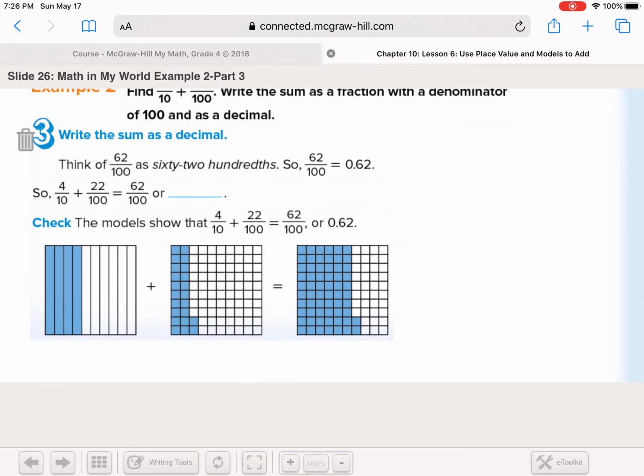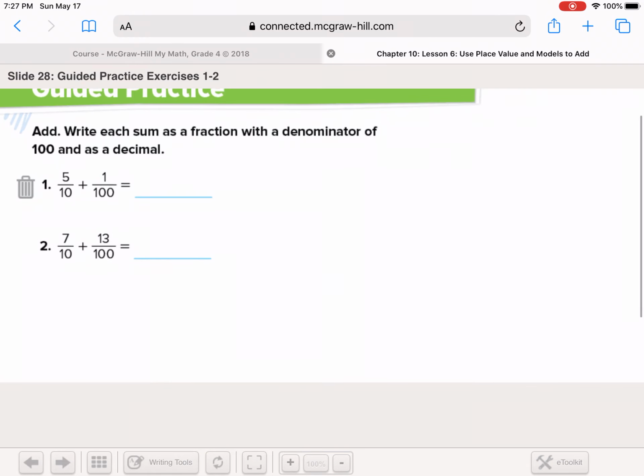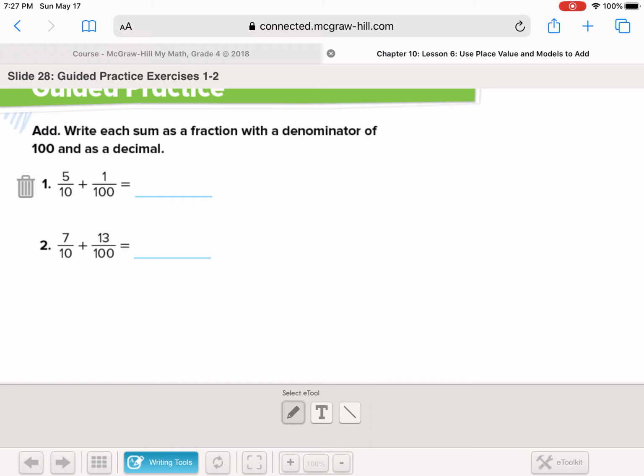Now they want it as a decimal, which would be 0.62. Easy. We're on Easy Street.